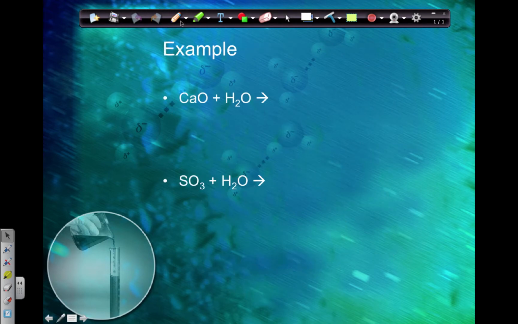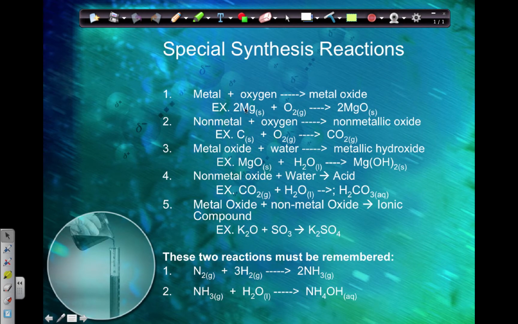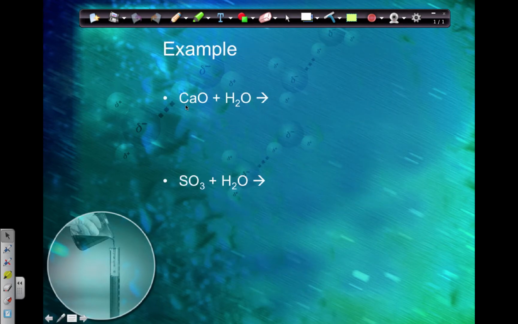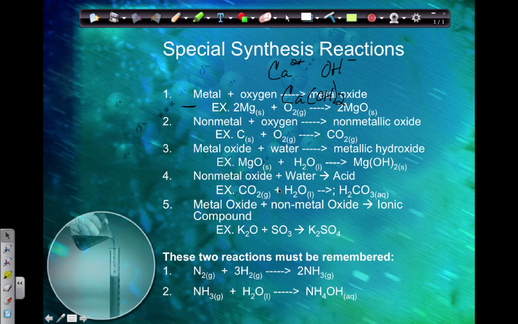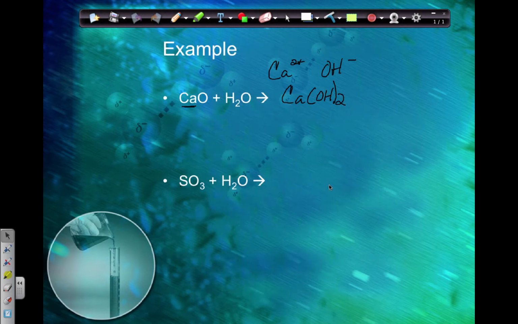All right, so let's look at this one. Well, it's a metallic oxide plus water. Metal oxide plus water will give me a metal hydroxide. So the metal in this case is calcium. Calcium is +2, hydroxide's -1. So it'll make that. I have a non-metal oxide plus water here. Looks like I'm going to produce an acid.